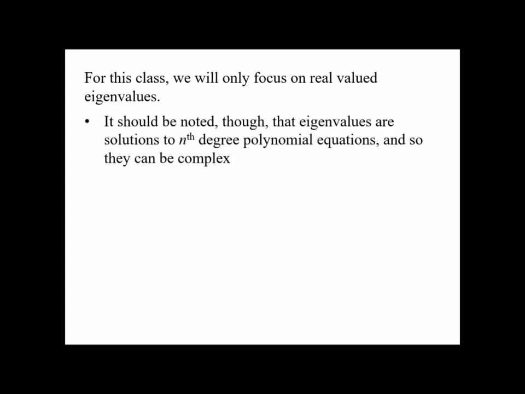I say that because if we're solving a polynomial equation, there's always a possibility of getting complex solutions. We're not going to worry about that in this course, but just realize if you go into other courses that deal with eigenvalues, there is a possibility of getting complex eigenvalues, and that's okay. We're just not going to worry about it.